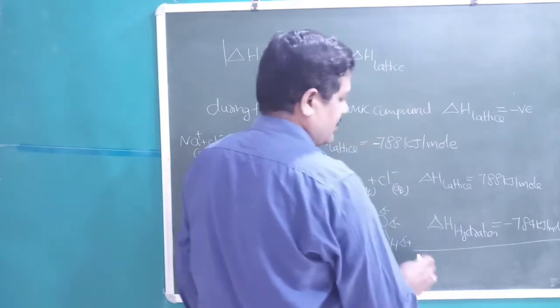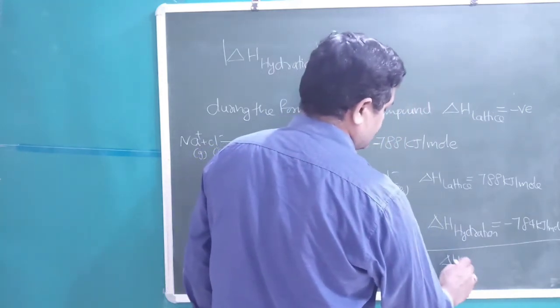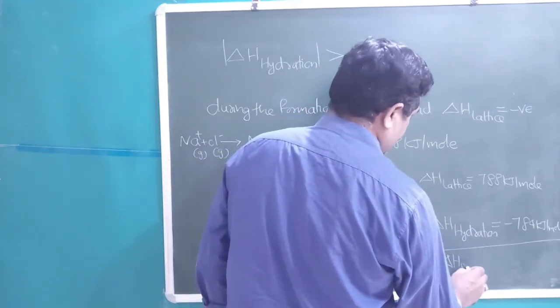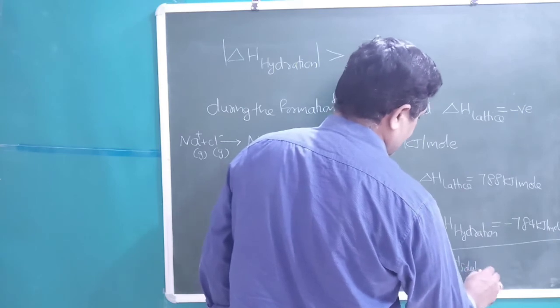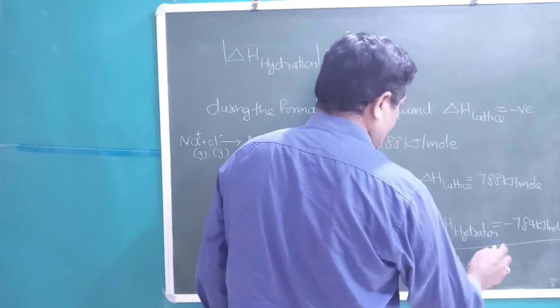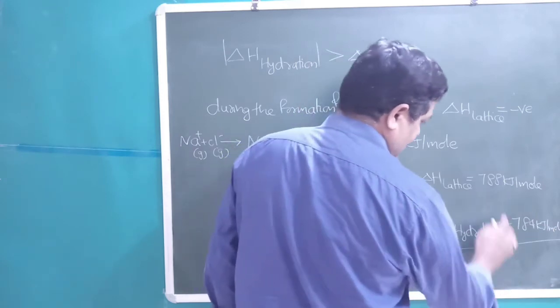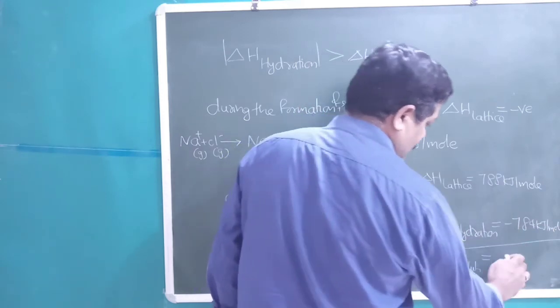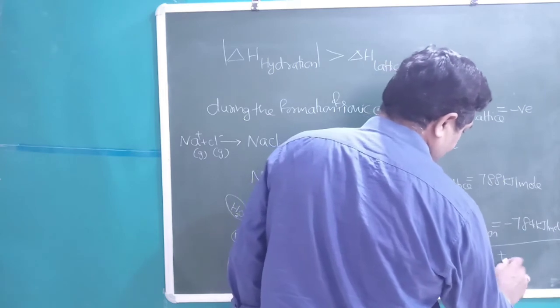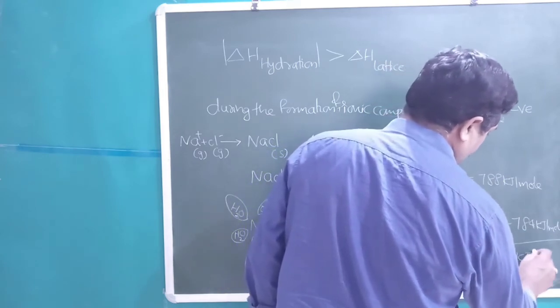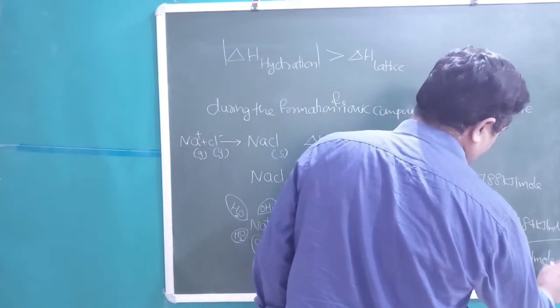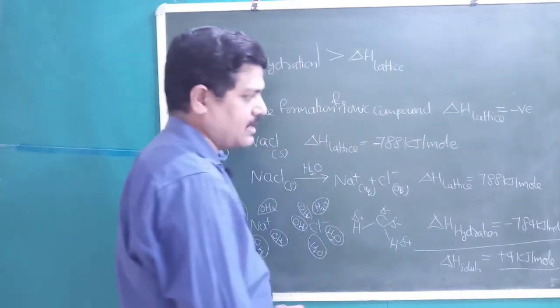The net value delta H for this process, the dissolution or the solution, should be a negative sign we have to get, but here what we are getting when we add these two is plus 4 kilojoule per mole.